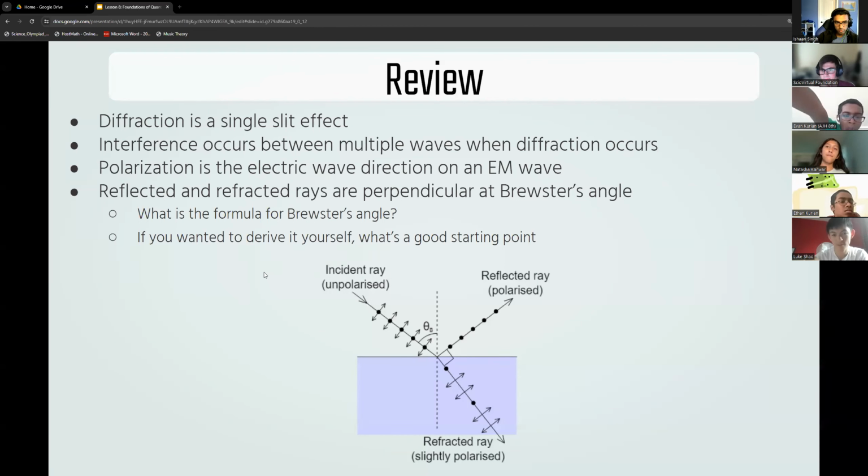What's the formula for Brewster's angle? Yep, you guys got it. tan^-1 of n2 over n1.